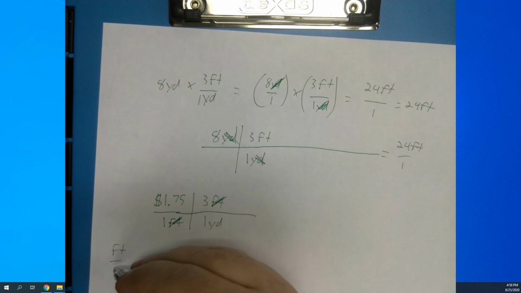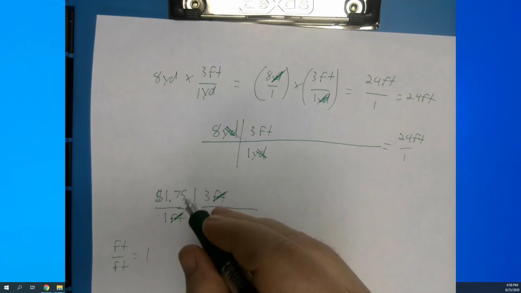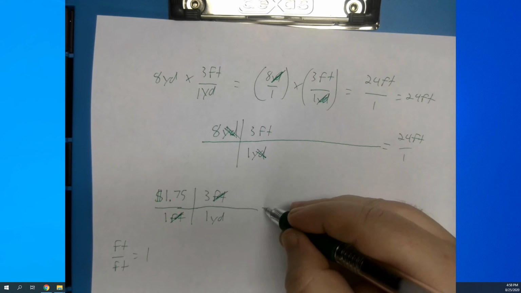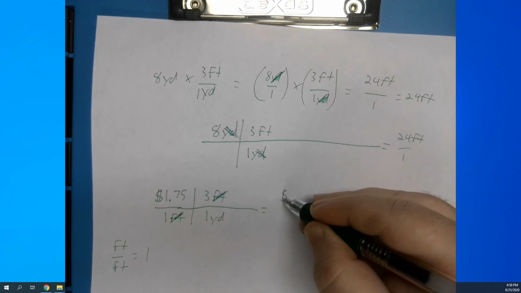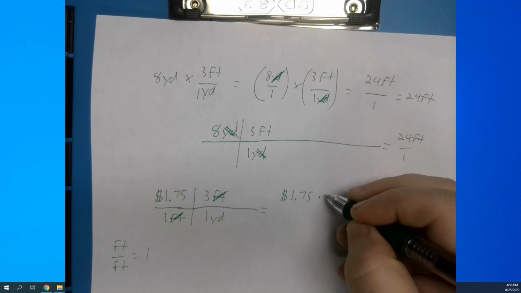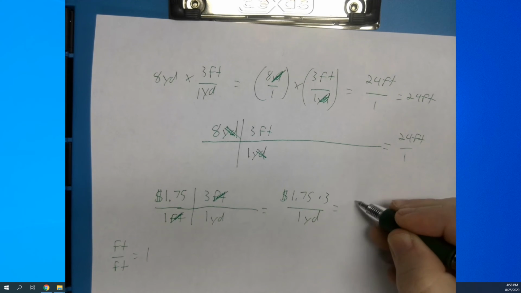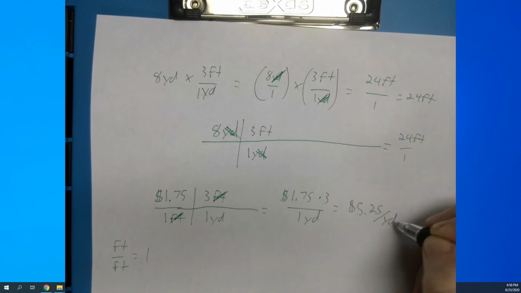A foot divided by a foot is just 1, and 1 times what's left is what's left. So this would be equal to 1.75 times 3 divided by 1 yard, which would be equal to $5.25 per yard.